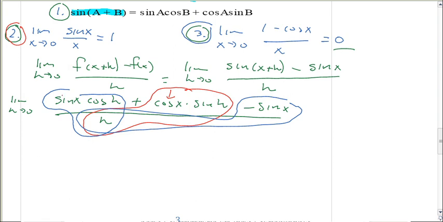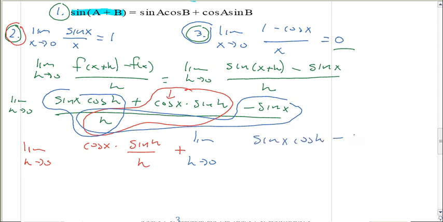Let me grab Mr. Red so I can color code. Limit as h approaches 0. I'm going to say I can split this into cosine x times sine h over h, and due to properties of limits, I can also say plus, and then let me grab Mr. Blue, limit as h approaches 0 of sine x times cosine h minus sine x all over h.